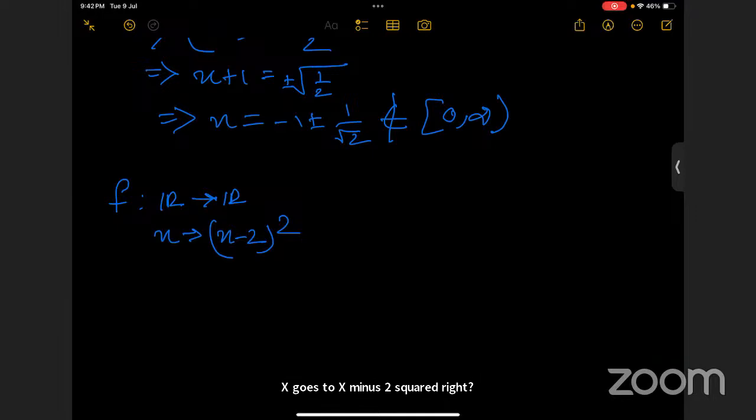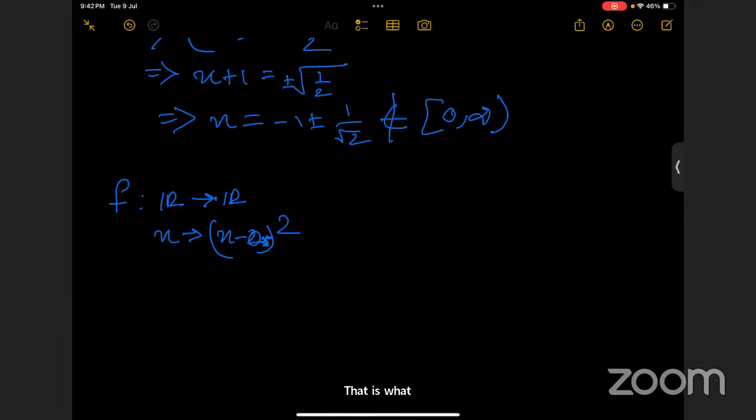No, x minus 0.5 or something, a value bigger than 1 by root 2. So here we take x minus 0.5 square. Write it as 1 by 2. That is what you mean, right?